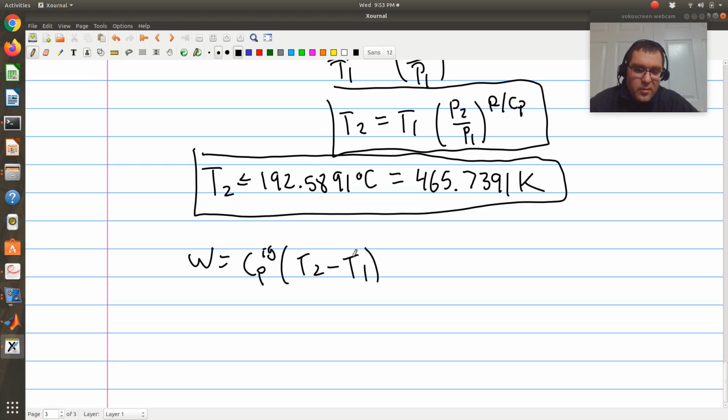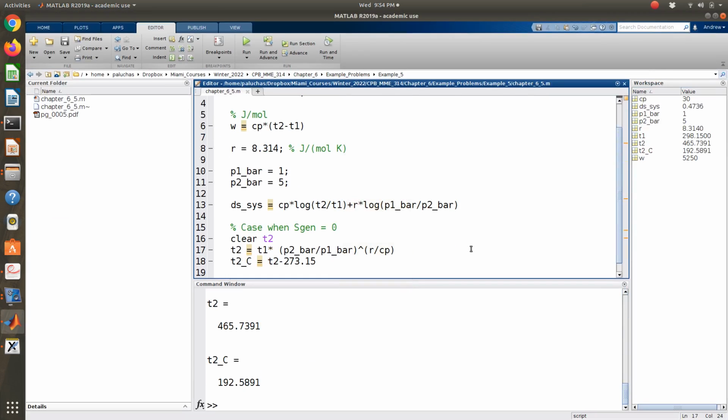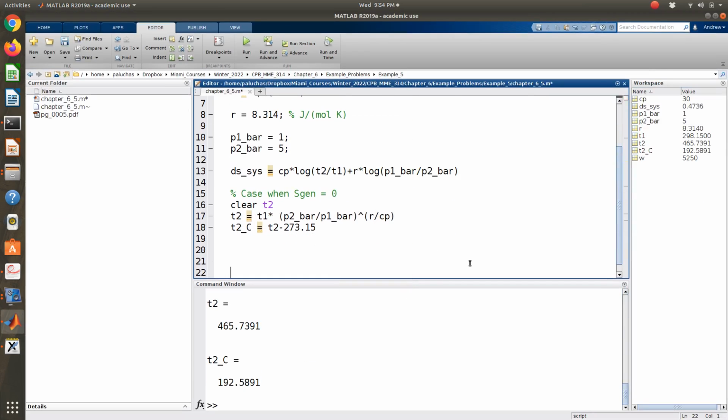Whether I use Kelvin or C, since I'm taking a difference, doesn't matter as long as I'm consistent. So I get that W is equal to Cp times T2 minus T1.